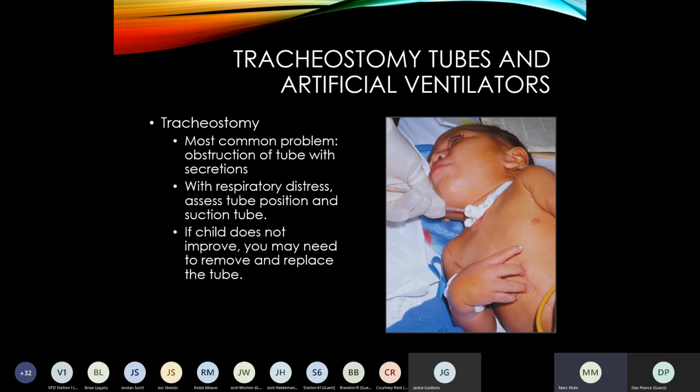Oftentimes these kids will have a replacement tube close by. The parent or caregiver is usually, hopefully, savvy on how to take care of these kids, so use their help as necessary. But most often with a tracheostomy issue, it's a plugged tube. So be prepared to suction and/or replace the tube.